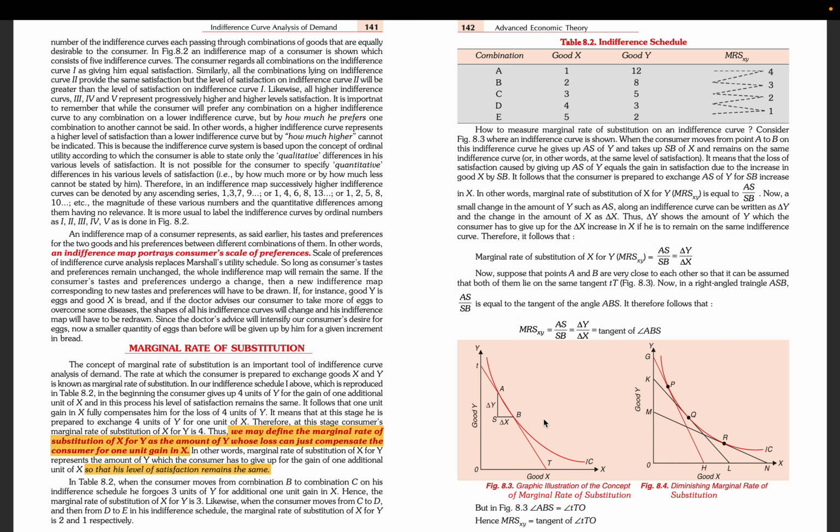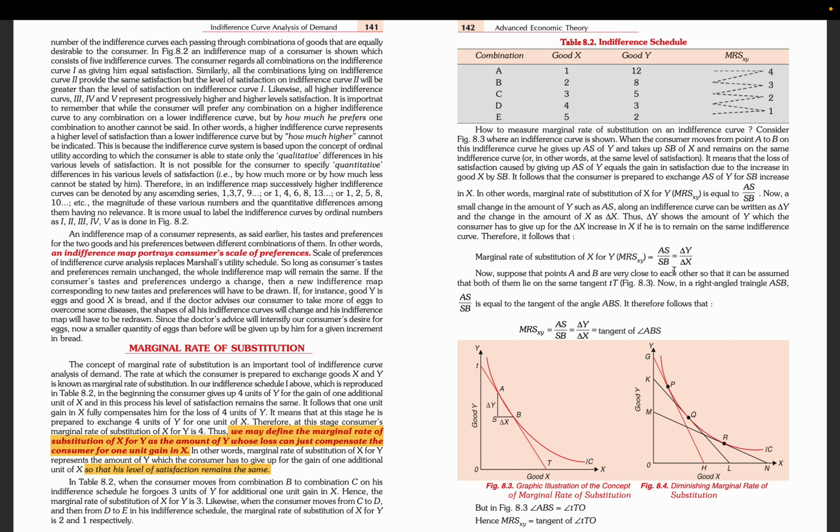It means that the loss of satisfaction caused by giving up AS of Y, because it's coming down, you're giving up this to come to S, is compensated by the rise in the quantity of X, which is SB. He takes up SB of X and remains on the same IC.